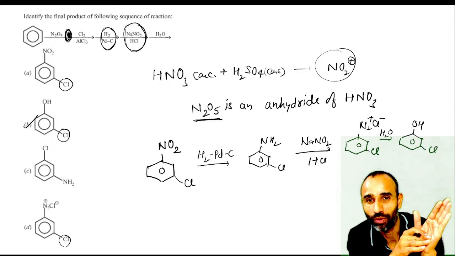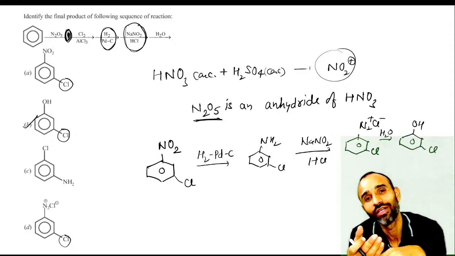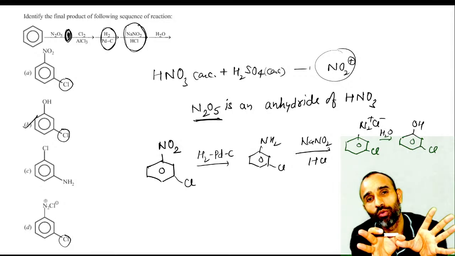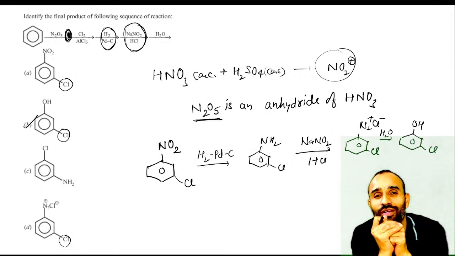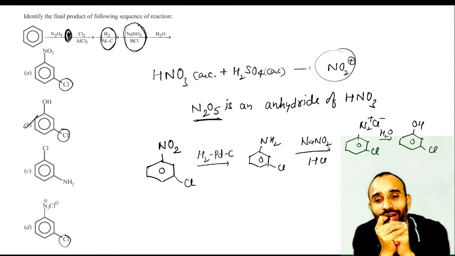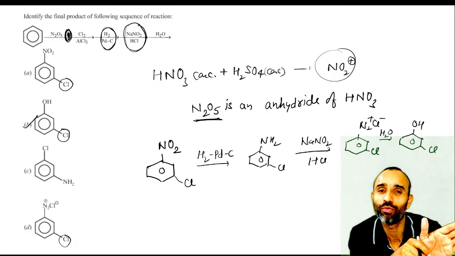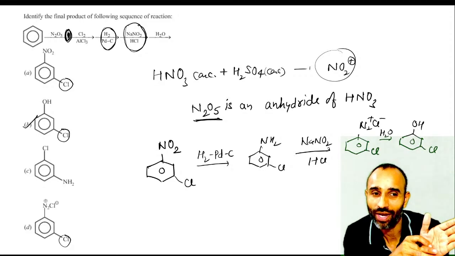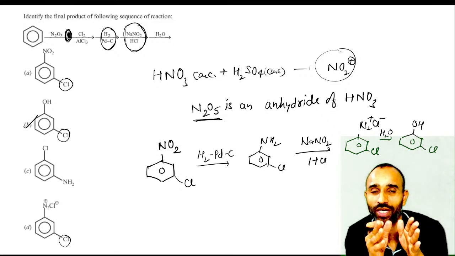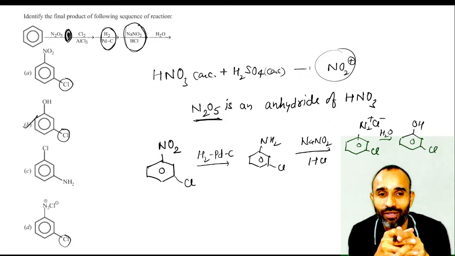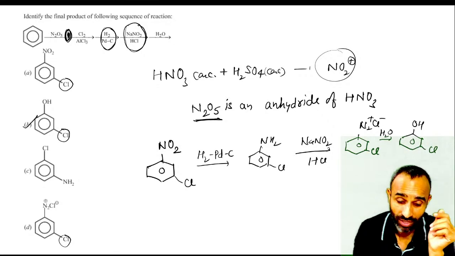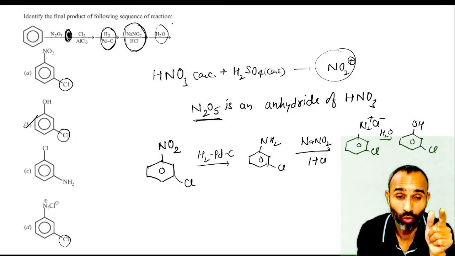From your previous knowledge, you just apply it to predict the unpredictable. Got it? Even if you don't know the first reaction, you can figure it out by looking at the other reactions. At the end, H2O, so obviously an OH group should be attached.